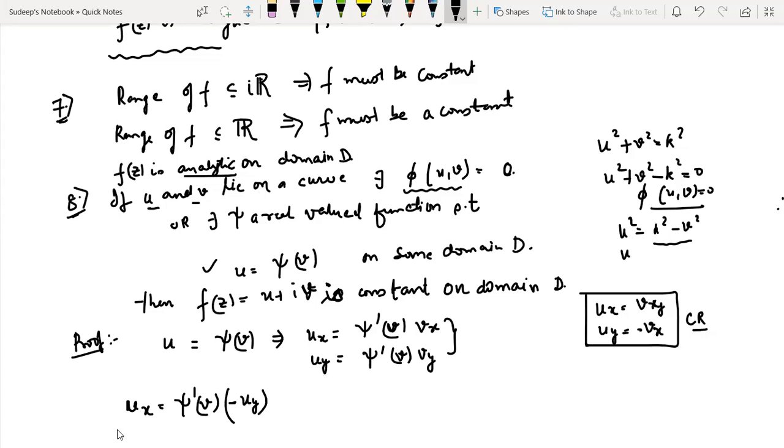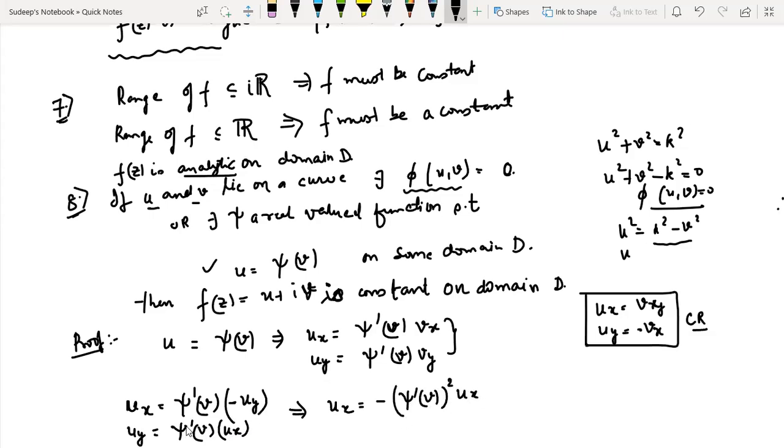And the second equation, uy, will be equal to psi dash v into vy, and vy, you know, is ux. So in place of uy, I can write this entire thing. It implies that ux is equal to minus of psi dash v whole square into ux.